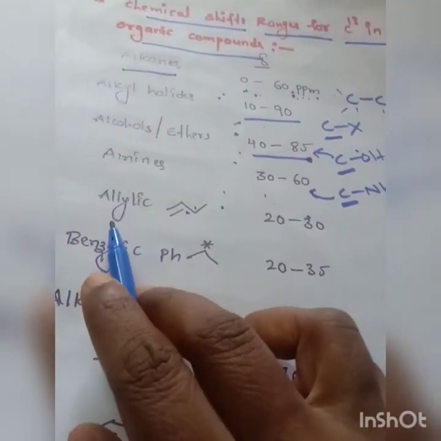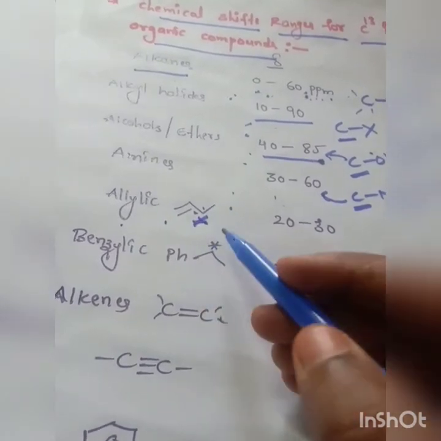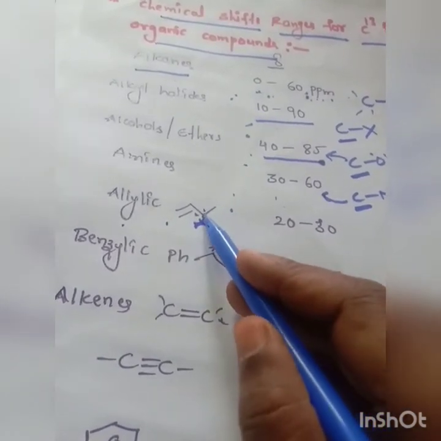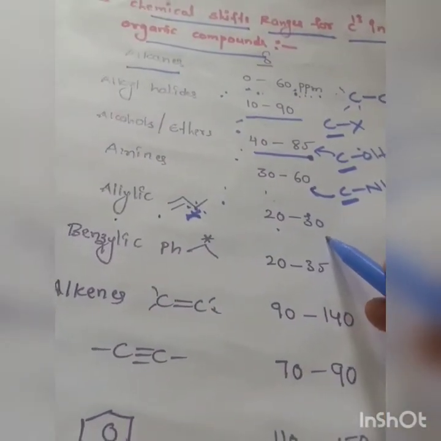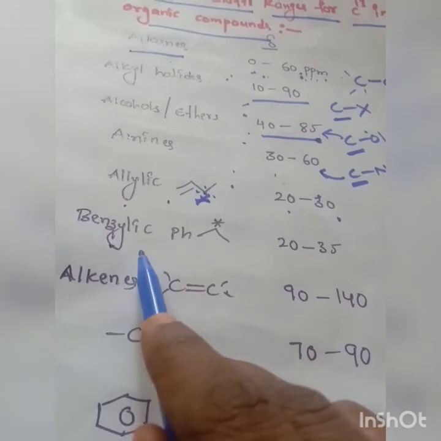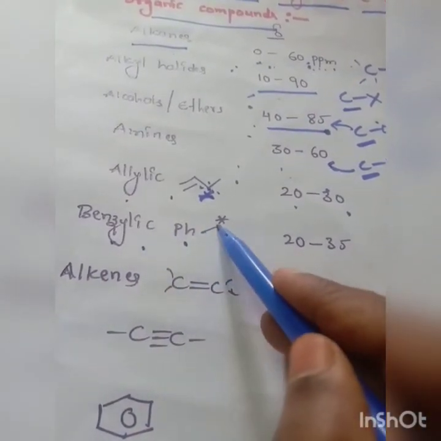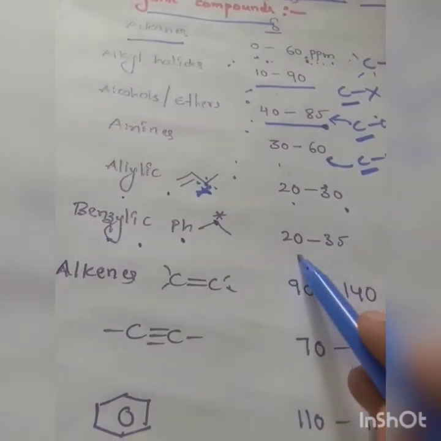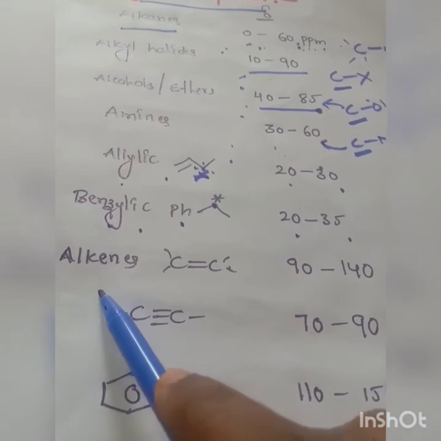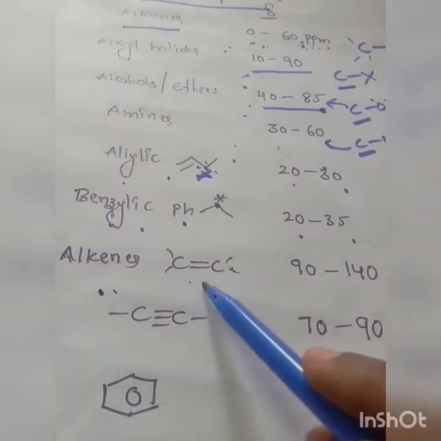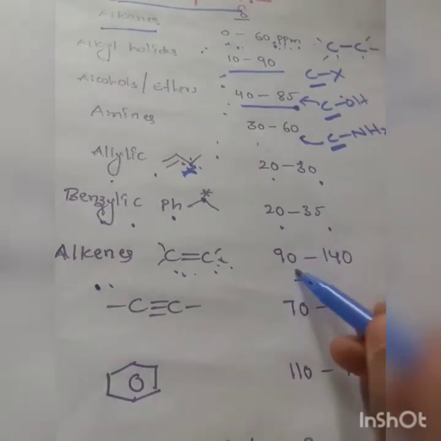And allylic. What is the allylic carbon? This carbon is the allylic carbon, and its chemical shift value is 20 to 30. And benzylic: the benzylic carbon is the carbon attached to a benzyl group, with a chemical shift value of 20 to 35. And alkenes, C double bond C, the double-bonded carbons, have 90 to 140.